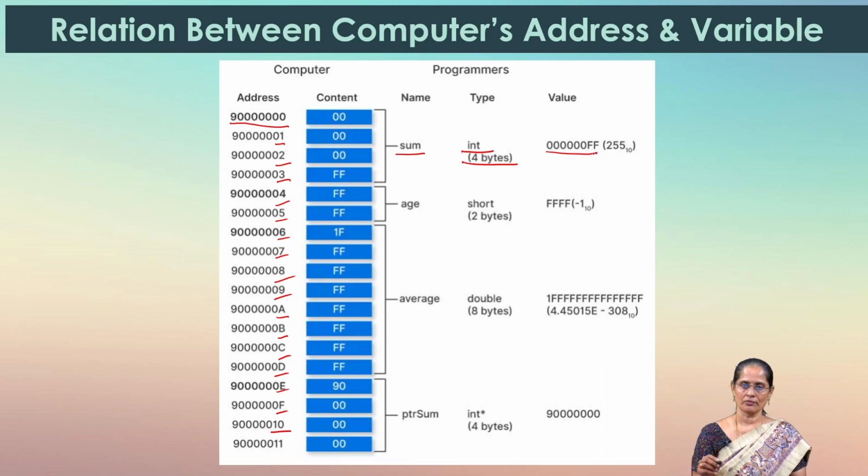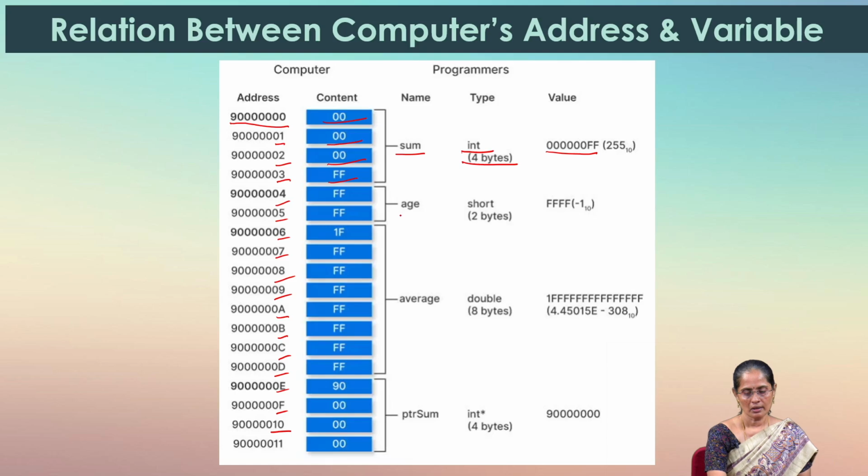So, FF stands for, if you convert it to decimal value, it will be 255. So, the sum value will be 255. That is the value which I am trying to store. So, you can see that it is stored as 000000FF. That is how in the memory the values are being stored.